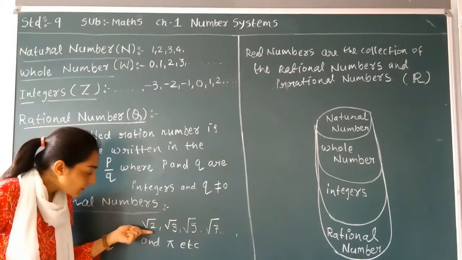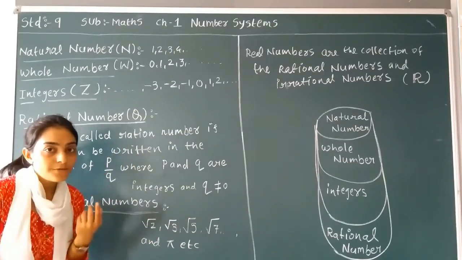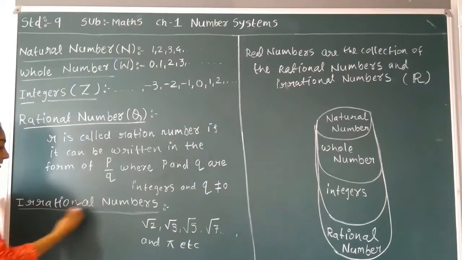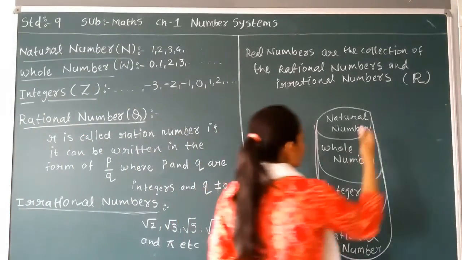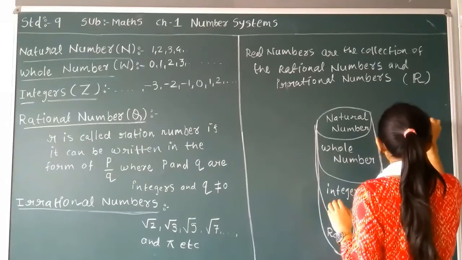Now, as you can see, root 3, root 5, root 7, some of the numbers were missing over here. So all these numbers are separately written over here, which are my irrational numbers.